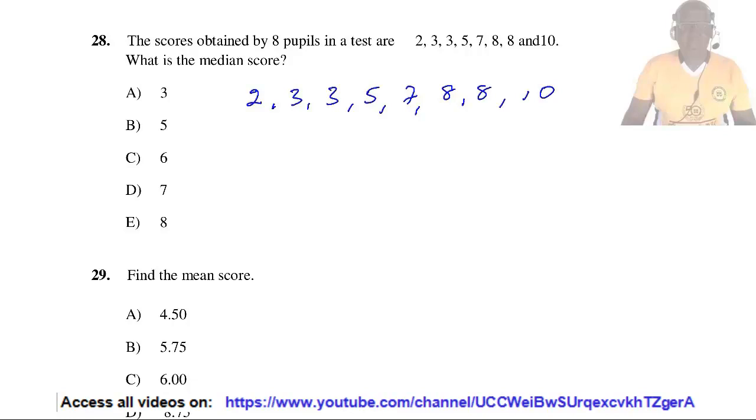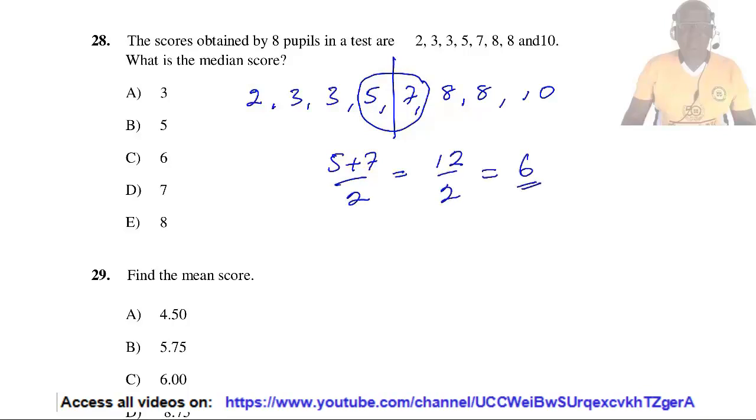The central position is this point. The median is going to be the mean of 5 plus 7, that is 5 plus 7 divided by 2. So 12 divided by 2, which equals 6. So the median is 6.